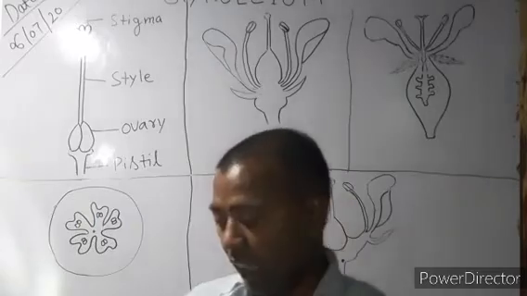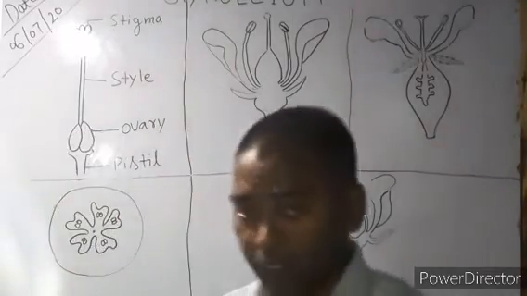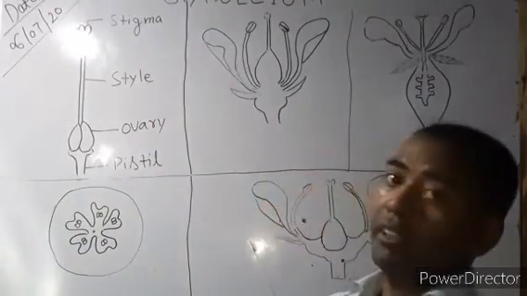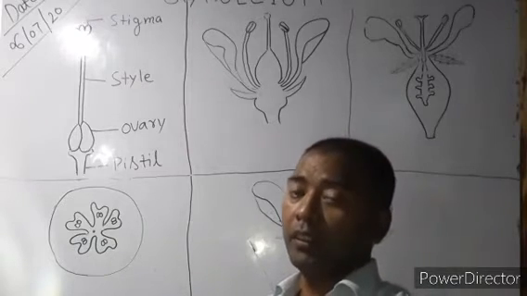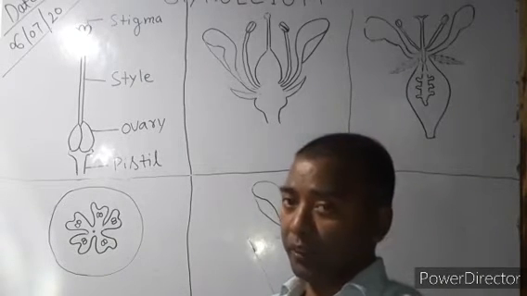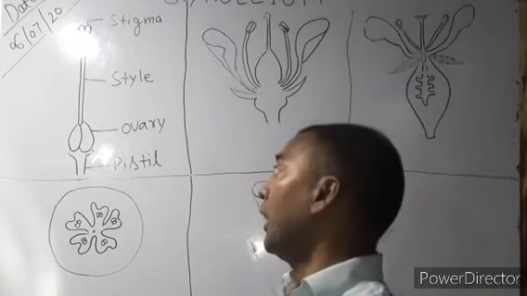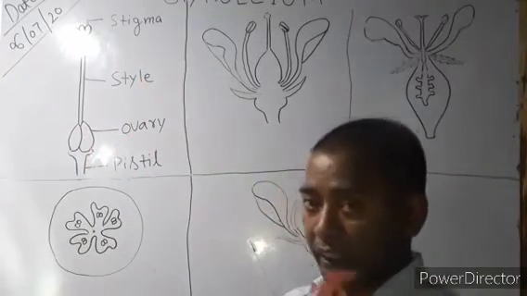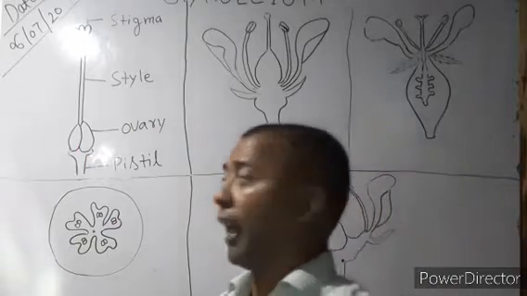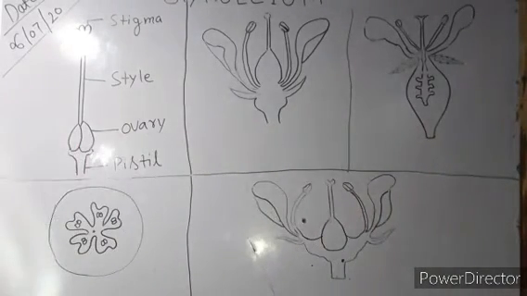Exactly as I told you just before when talking about the androecium, the TS of androecium, the same way when we cut the gynoecium in a transverse section, we find this structure: the TS of ovary.